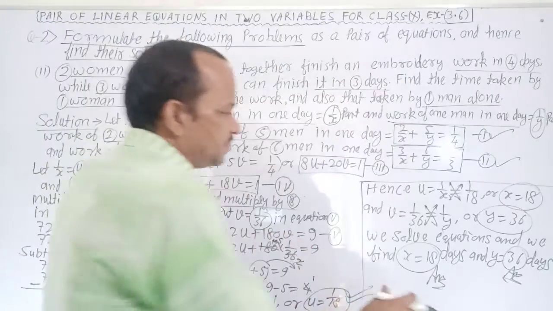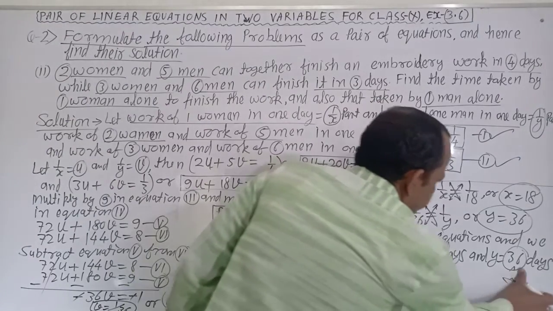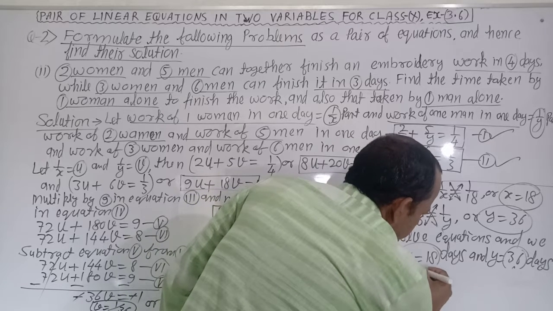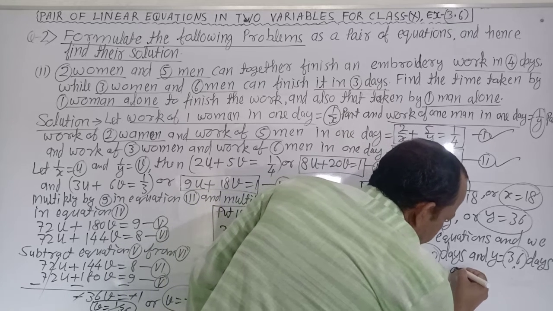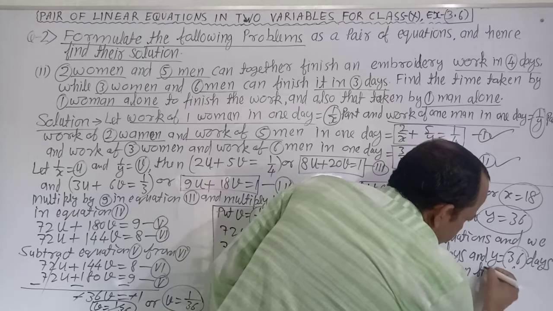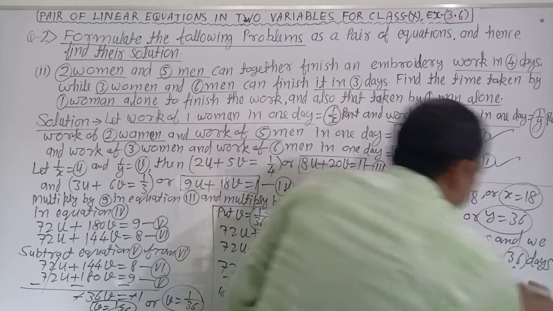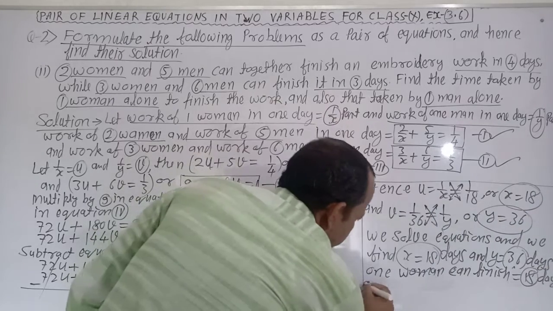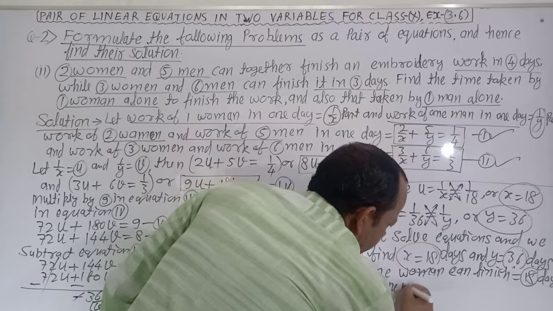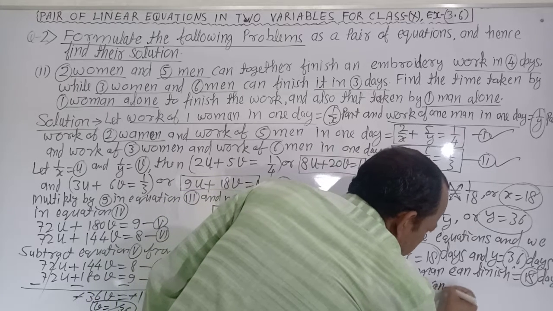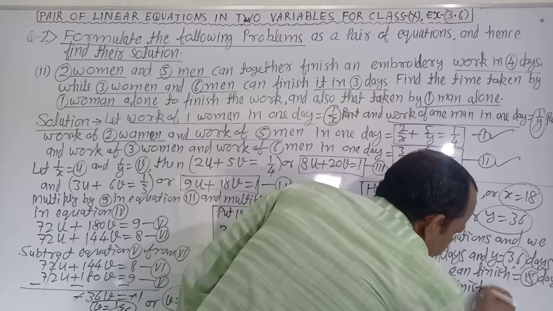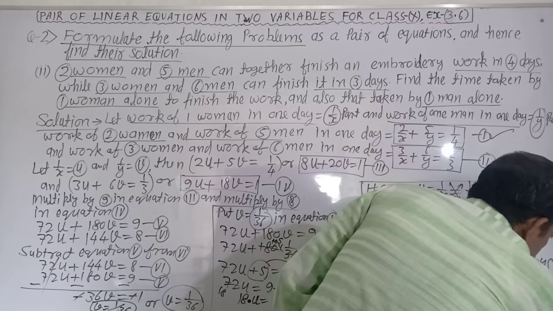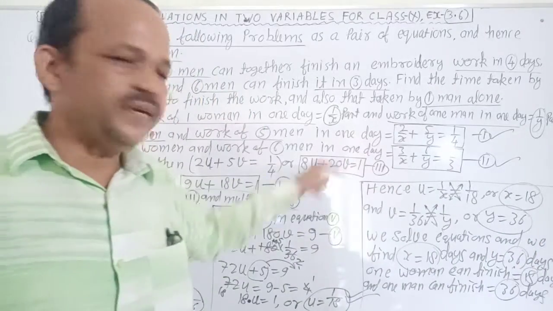Here you can write one woman can finish equal to 18 days and one man can finish equal to 36 days. Clear? No confusion about it?